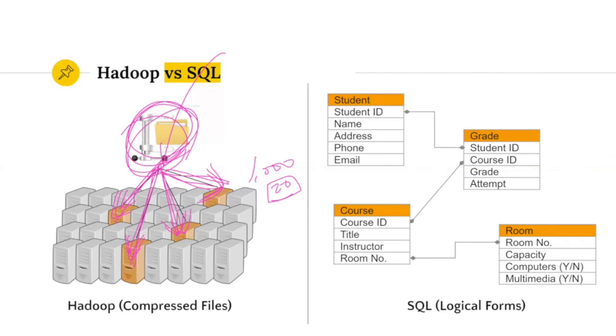Now, the reason for replicating data, like I said earlier, is fault tolerance. That's one reason. But if the purpose of making copies is just fault tolerance, do we really need to create 20 copies of it?